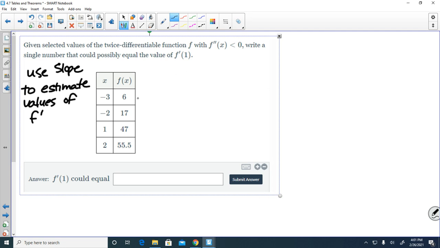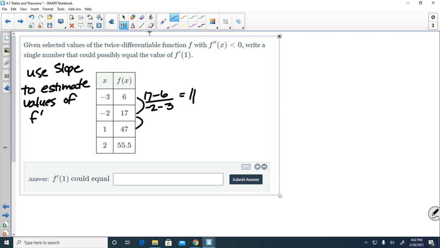So from here to here, I'd do 17 minus 6 over negative 2 minus negative 3, which would be 11.